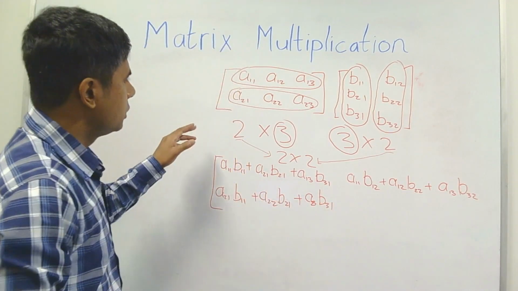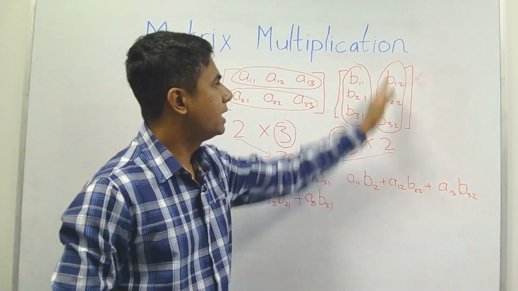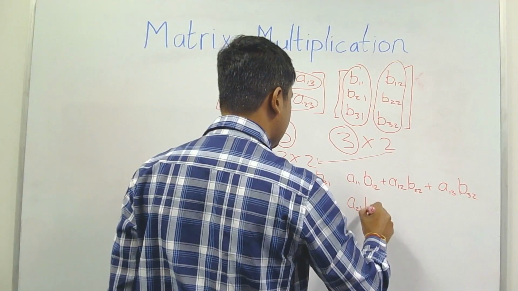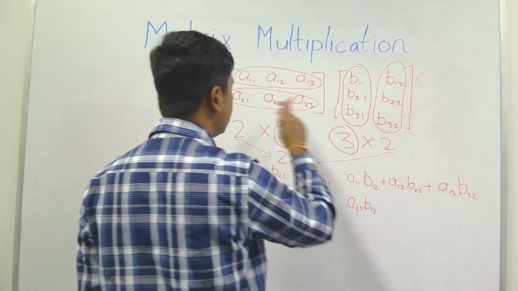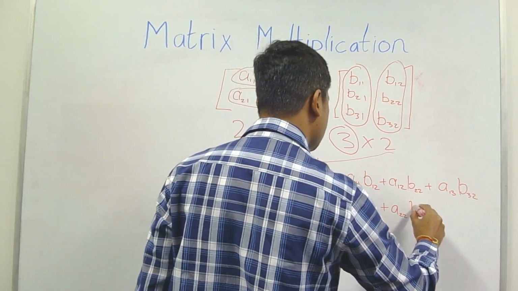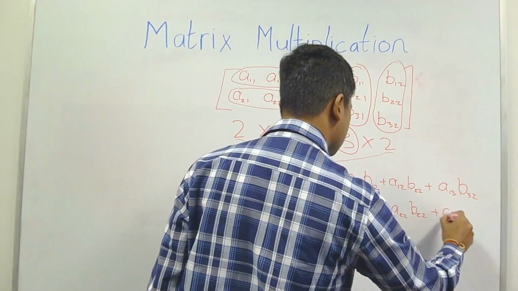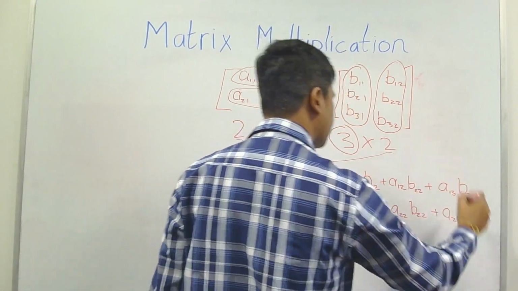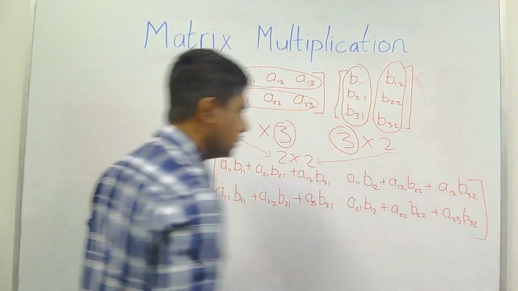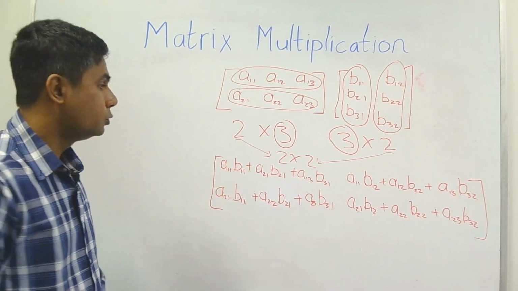Then we take the second row and multiply it by the second column. So it's going to be A21 times B12, then A22 times B22, and then lastly A23 times B32. And that's all there is to it. This is how we go about multiplying two matrices together.